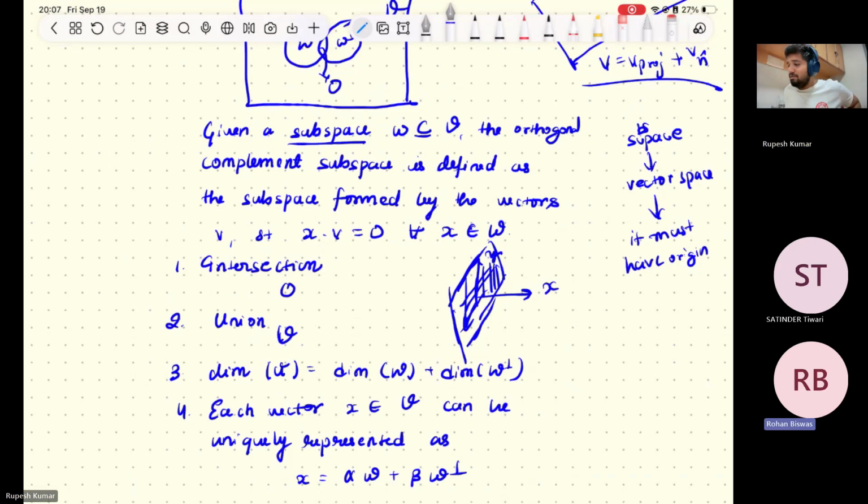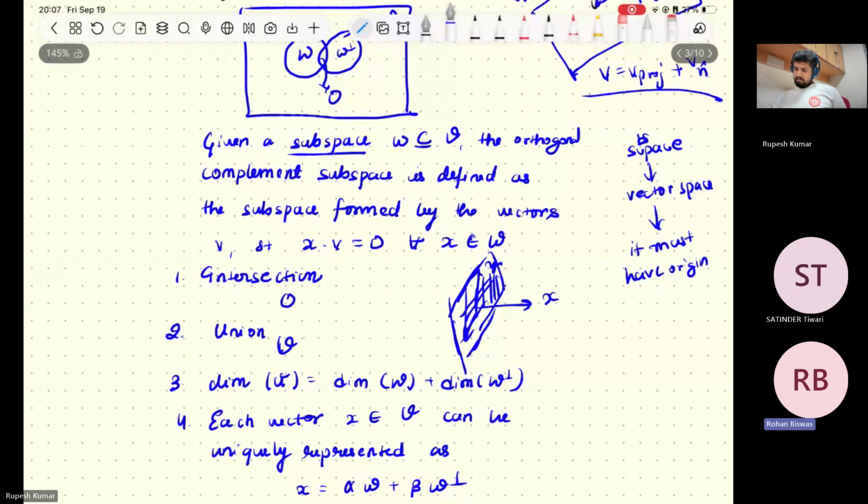It is only the YZ plane. So then their union won't be R3. How can a straight line and a plane's union be R3?